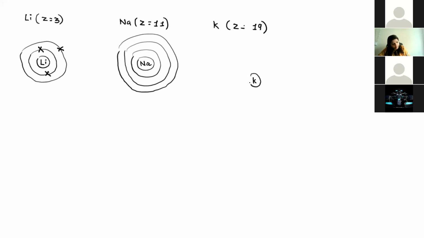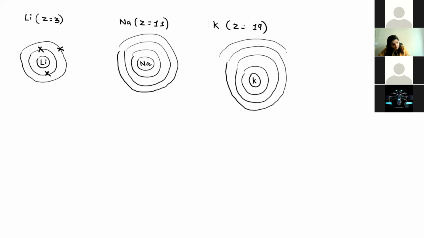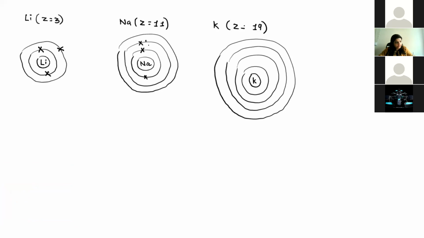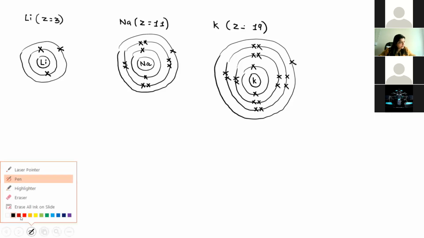Potassium is 2, 8, 8, 1. Now, what do we mean by atomic radius?